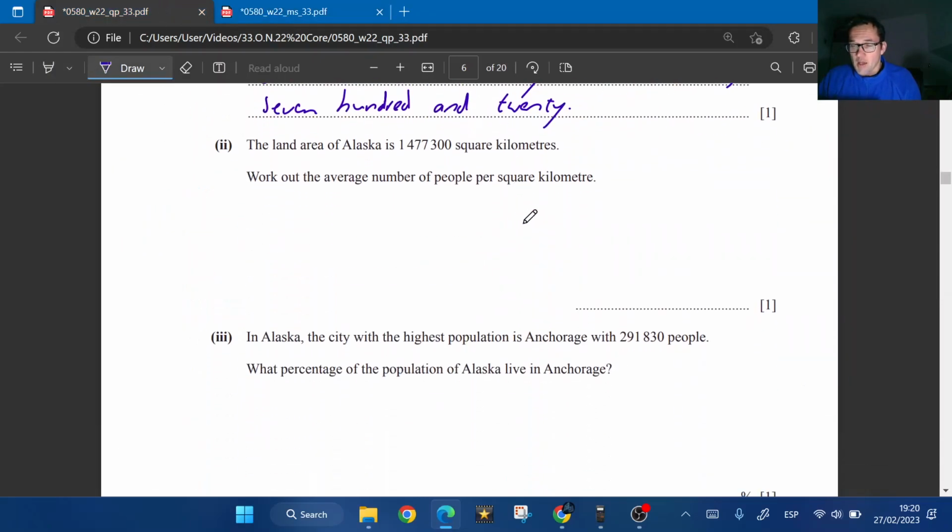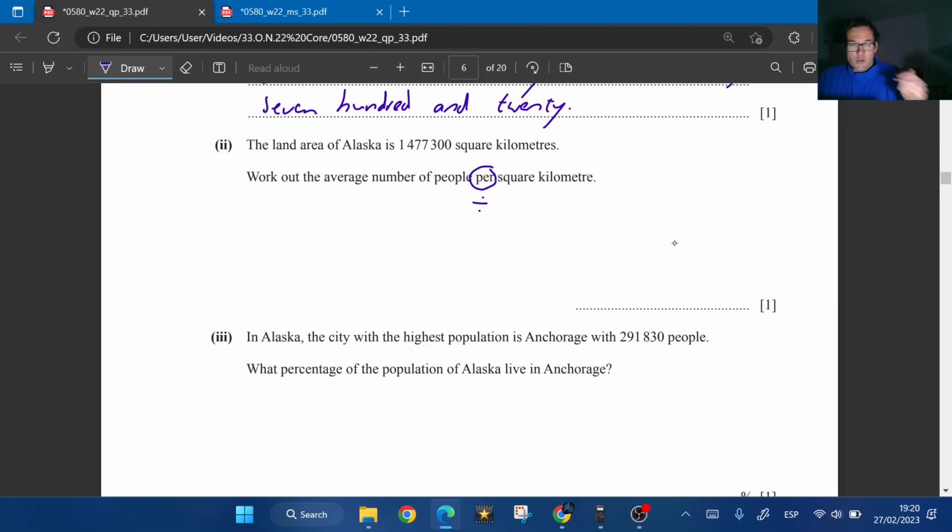Okay. The land area of Alaska is 1,477,300 square kilometers. Work out the average number of people per square kilometer. People per square. This per. Think of it as a division sign. That looks like a percentage sign. A division per. People per square kilometers.